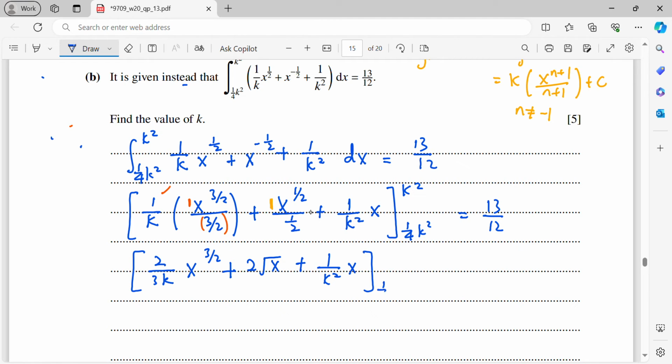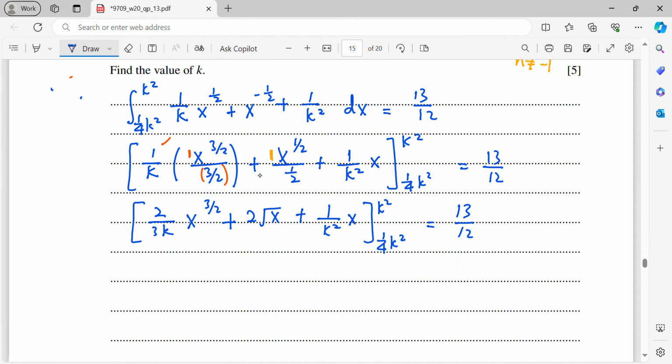And now consider limits. So we replace the x by k squared first, the upper limit. So I will get 2 over 3k, k squared to the power of 3 over 2, plus 2 square root k squared, plus 1 over k squared times k squared.